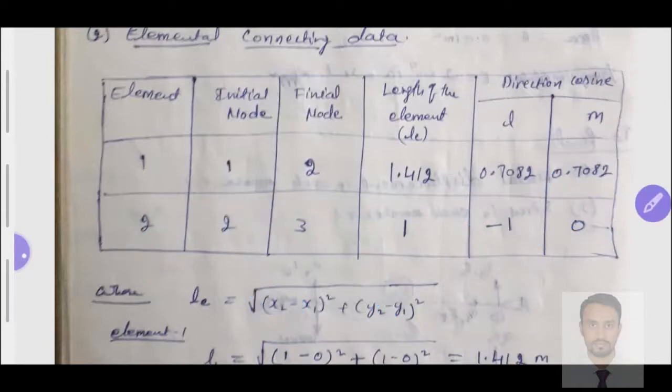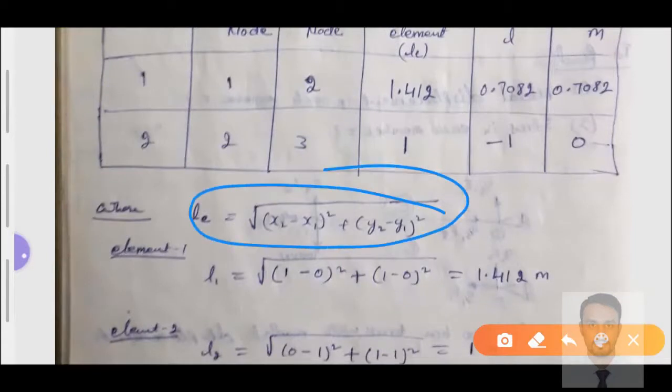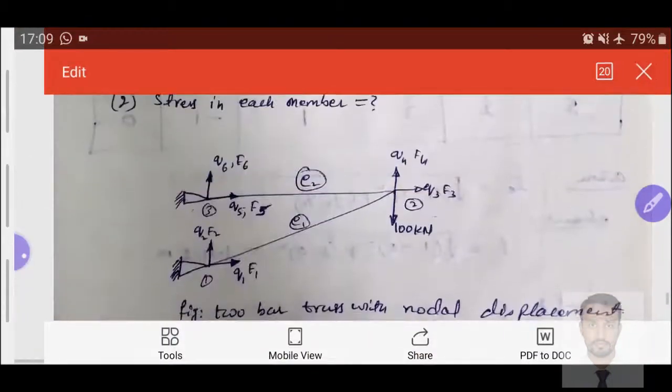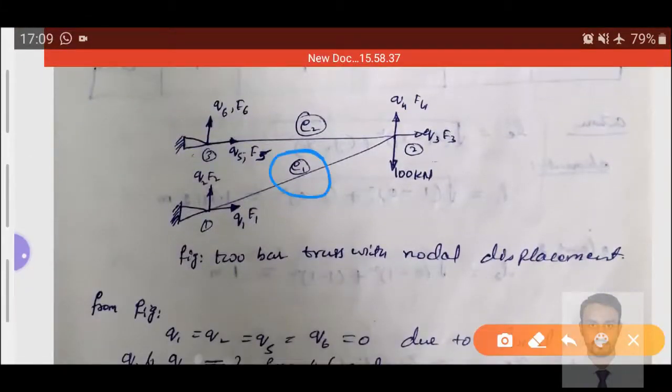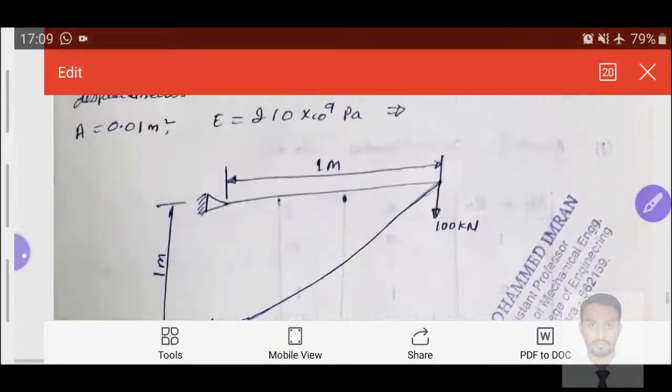We always consider these to find out the characteristics of the element, right? After that, we need to find the elemental length. How will we find it? We know the concept, which I just explained. First, the elemental length. Element number 1 is inclined, so no dimension is parallel to it, but the length of element number 2 is parallel, and that is 1 meter, given in the problem.